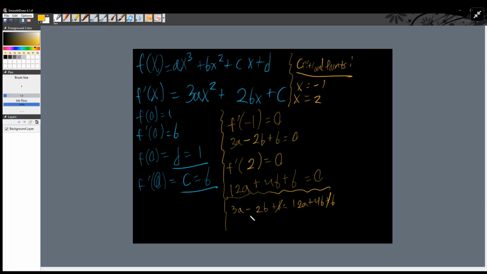I'm thinking, let's add 2b on both sides, and then subtract 12a from both sides. This cancels out, so we get negative 9a is equal to 6b. Make sure you do it right.